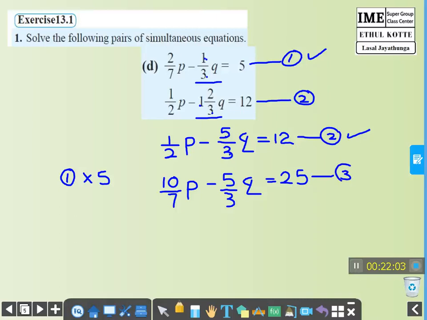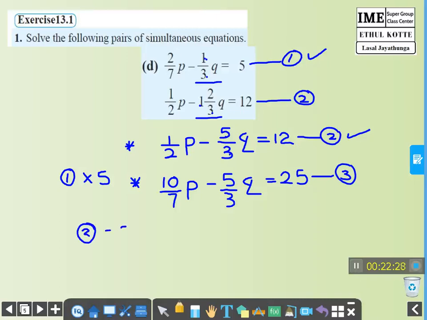Now it's equation 3. Now analyze equation 2 and 3. Minus 5 over 3q, minus 5 over 3q. How can you cancel them? By adding or subtracting? By subtracting. Right. So we'll subtract now.